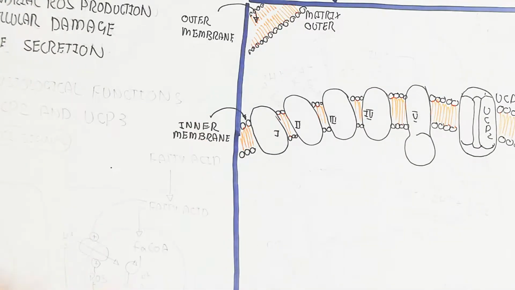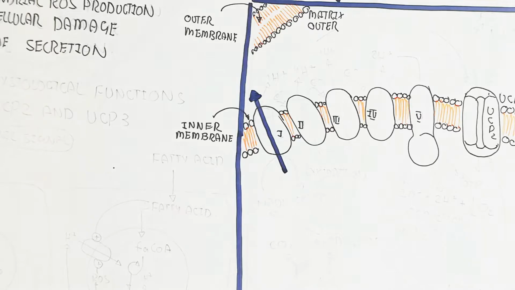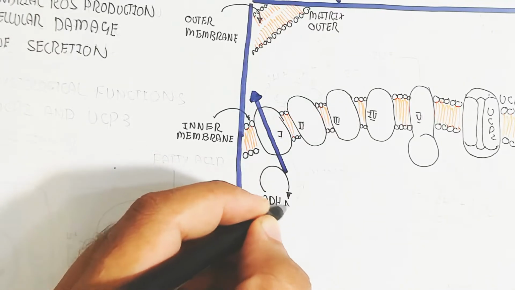So this is the inner mitochondrial membrane, and this is the outer mitochondrial membrane, and the matrix outer and inner.